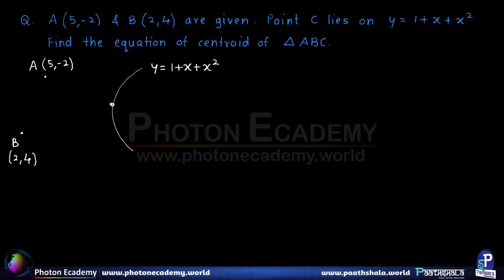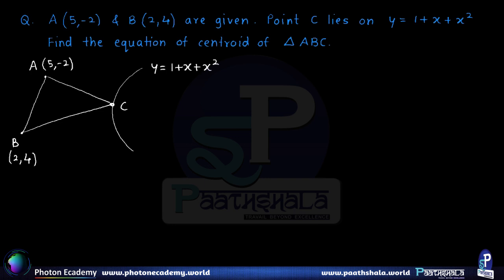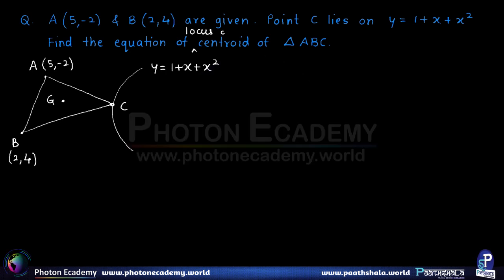Right? Now if we join the points and make a triangle ABC, we want to find the locus of the centroid of triangle ABC. So here, the equation of the centroid is actually the equation of the locus of the centroid.